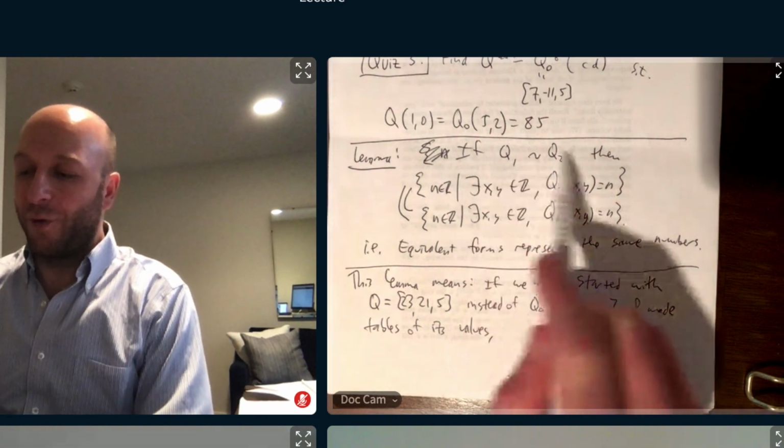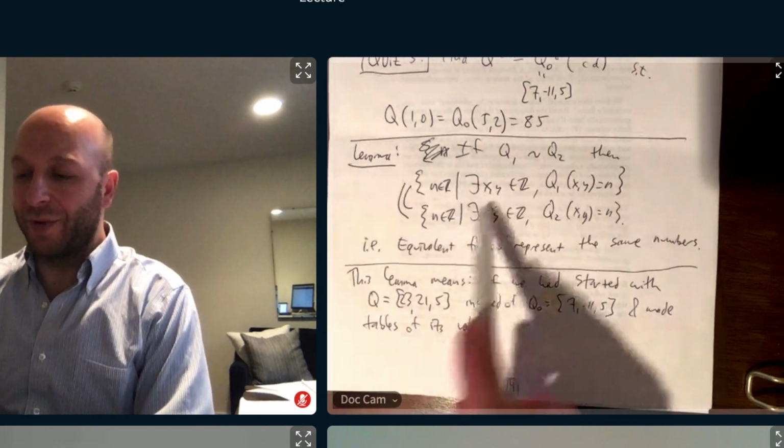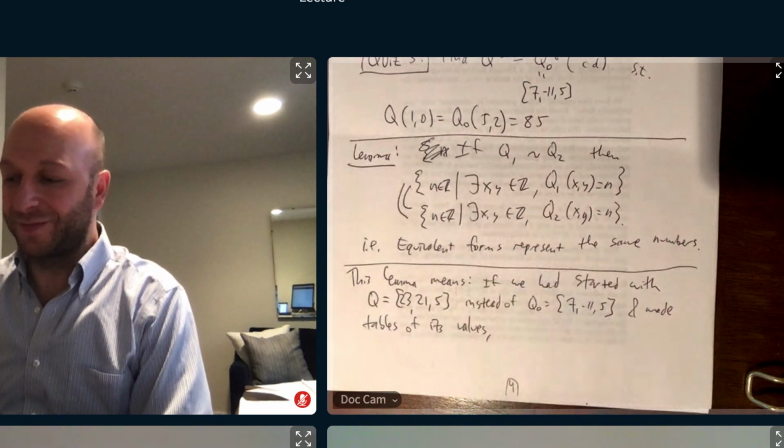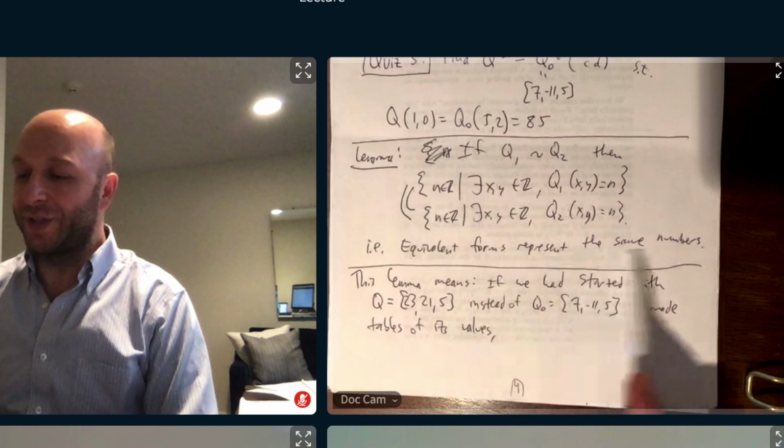So two equivalent forms, I'm claiming, and we're going to prove this lemma, represent the same values. Equivalent forms represent the same numbers.